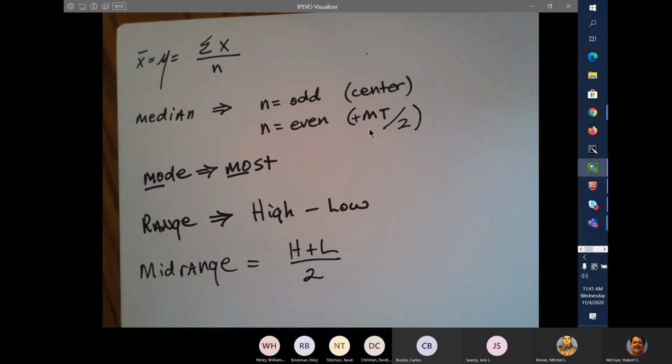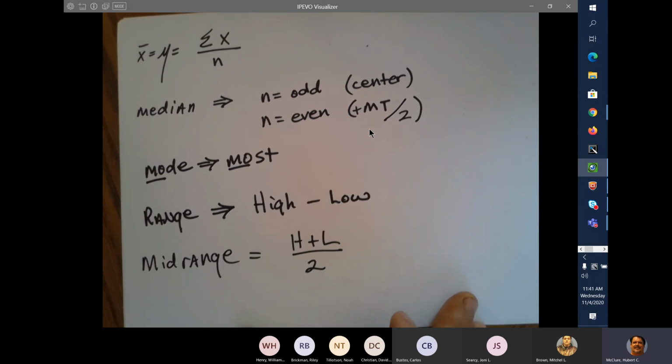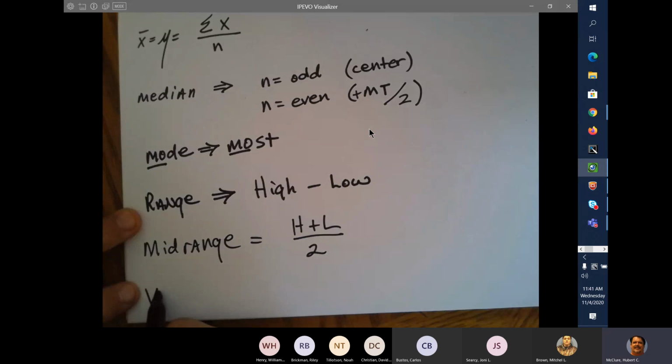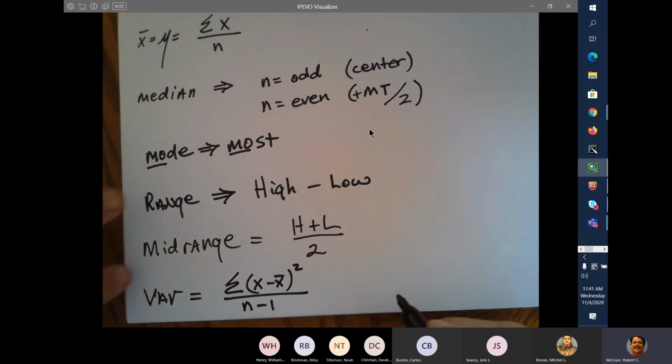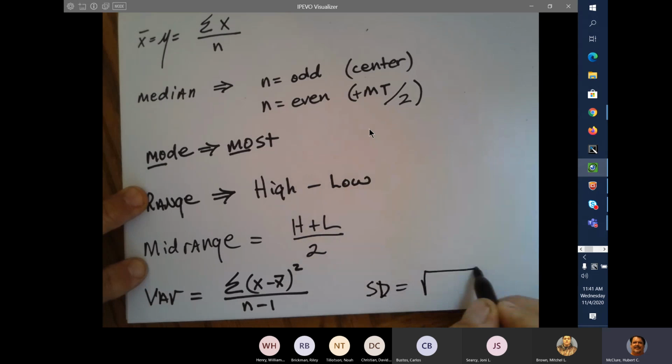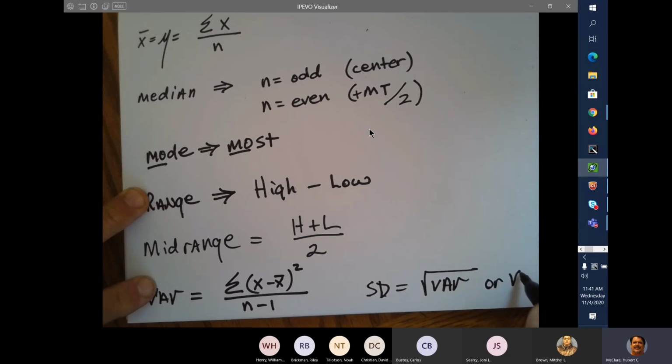The variance is equal to the summation of x minus x bar quantity squared over n minus 1. And then the square root of the variance is equal to the standard deviation, or the variance raised to the 0.5 power, or 1/2 power.